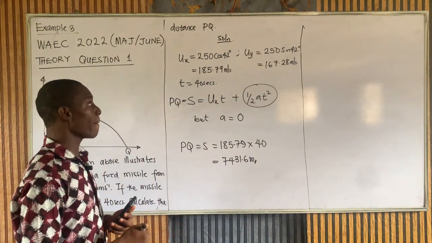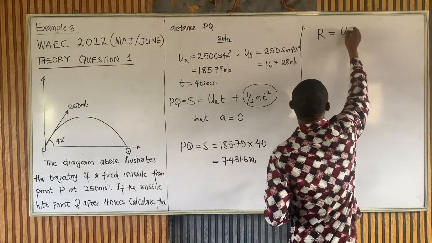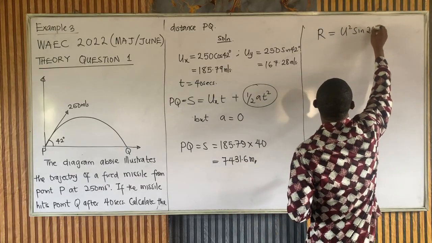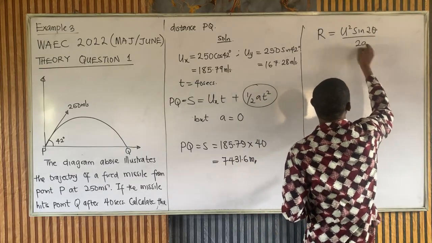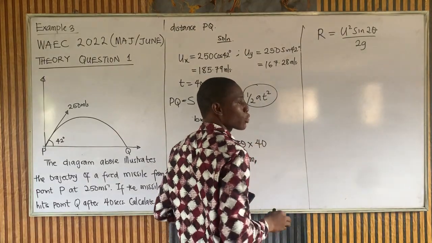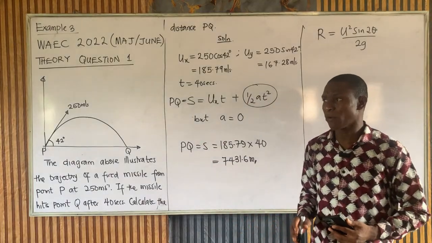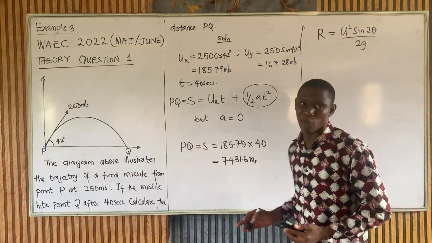Actually, last year, many students went to use the range equation that says range is u squared sine 2 theta over 2g. And that was wrong because you are given time here. So I will often say that for every kind of motion you want to solve, you can actually use your equation of motion.